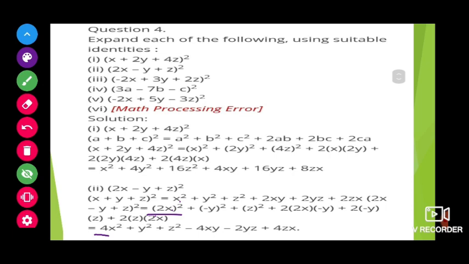Next (−y)², whenever we apply the square to a minus we get plus only, so plus y² plus z². Next here 2 2s are 4, plus of minus, −4xy. Next here plus of minus, −2yz. Here 2 2s are 4zx. That's it.